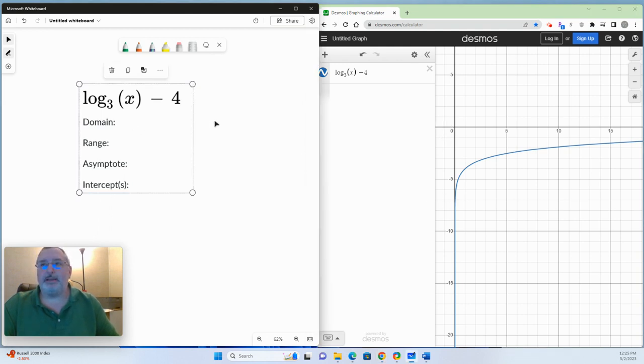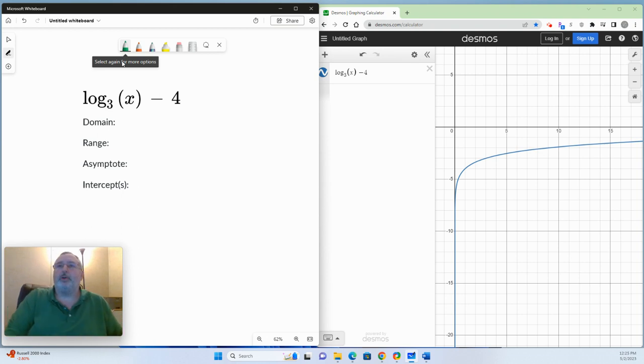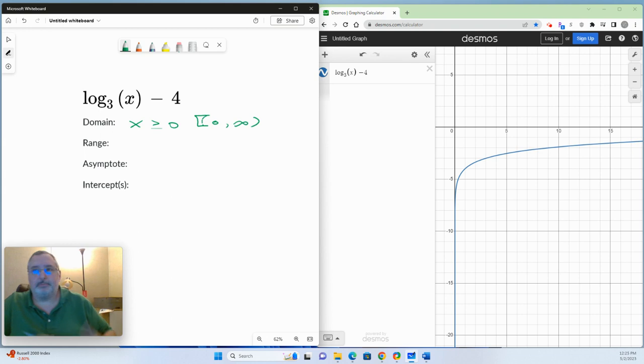So our domain is going to be x is greater than or equal to 0, or we can say from, we want to go from 0, and we'll bracket that, 0 to infinity. And so that's the domain.